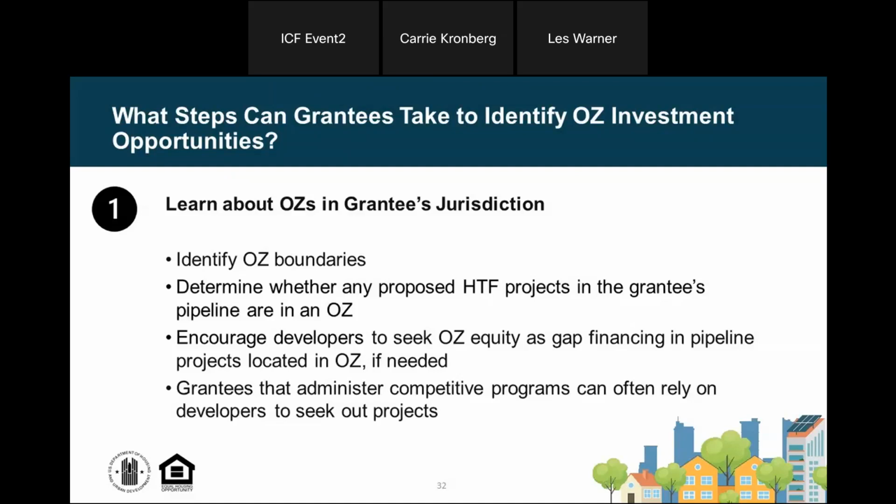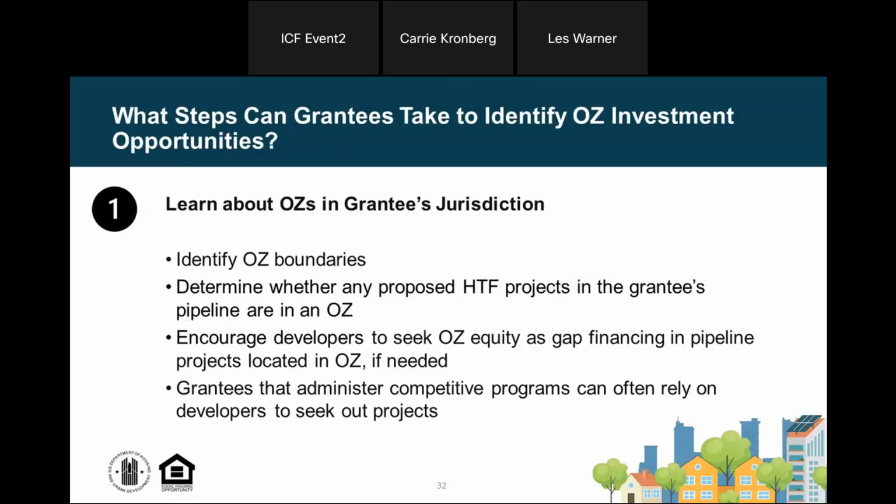As part of this, grantees should identify the opportunity zones within their states. They should understand where those are and determine whether any proposed HTF projects in the pipeline overlay with those opportunity zones. Are any of them located in opportunity zones?